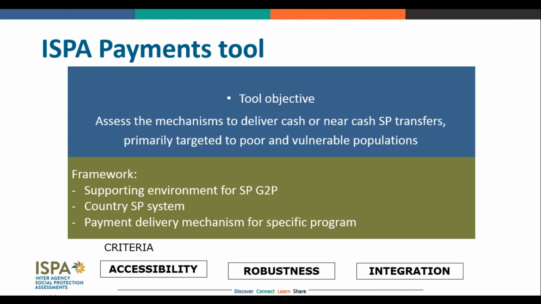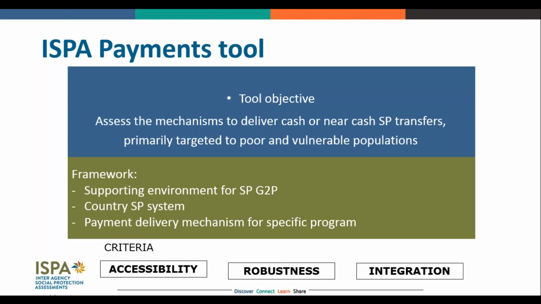Now within the tool, there are 3 assessment matrices that specifically talk to the implementation of an assessment in these areas, and also the gathering of the inventory for the social protection system.